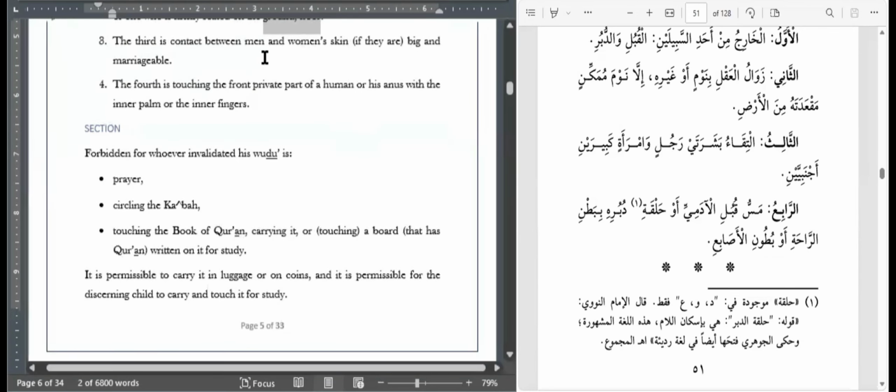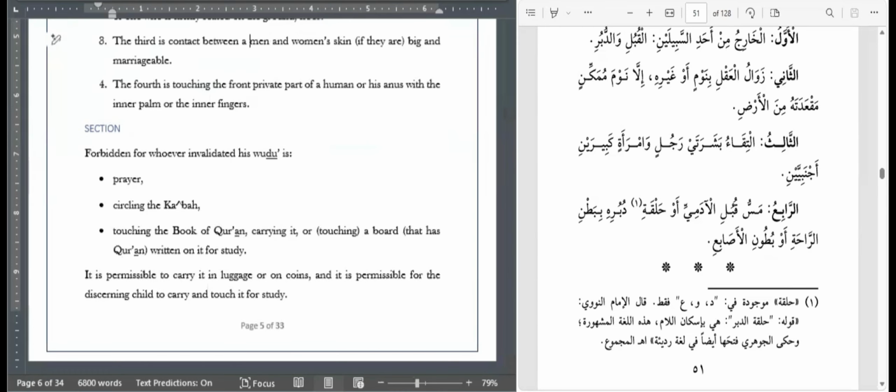The third is contact between a man and a woman's skin, who are big and marriageable. Now he said men and women. In the Arabic he says rajul and imra'ah. Actually, that's singular. Let's fix that.